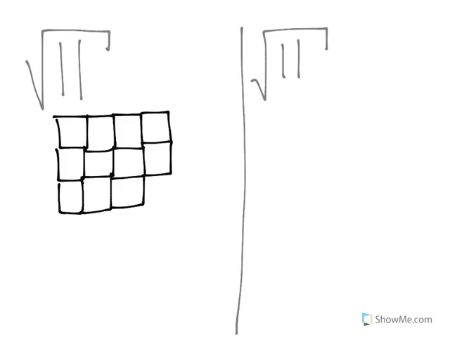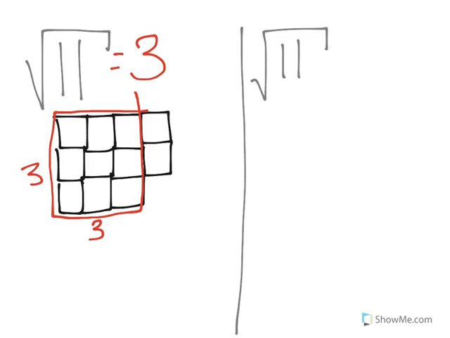So I have 11. But I know that my perfect square was 3 by 3. That means my whole number is 3. My remainder is 2 left over.